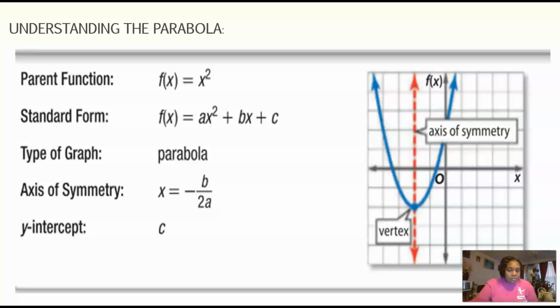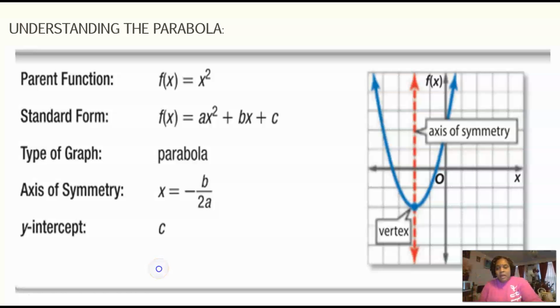The axis of symmetry: you'll need this information not for this particular assignment, but to complete other assignments. So make sure that you write this down, or take a picture with your phone, so you'll have this to refer back to as you complete more assignments until the school year is over. And then the y-intercept, like I mentioned, is the c.